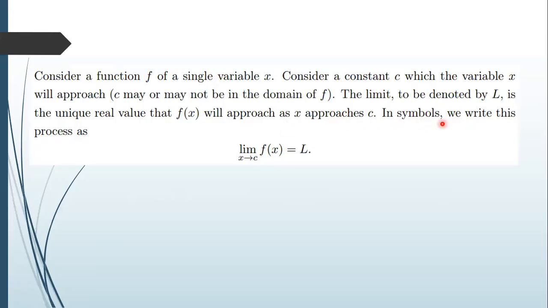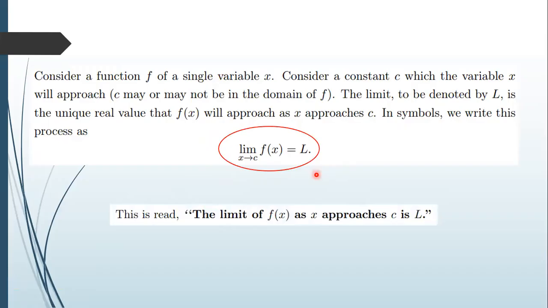In symbols, we write this process like this. As you can see here, this is the symbol of the process, and it is read as the limit of f of x as x approaches c is L.